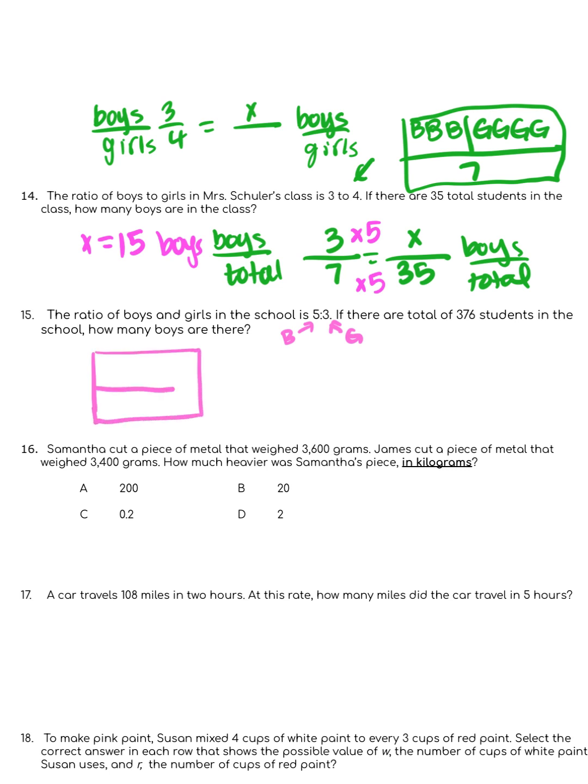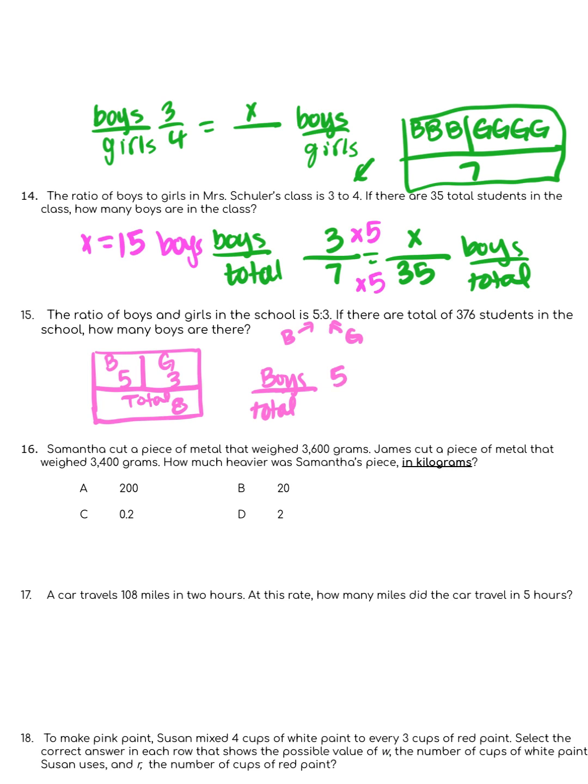So I've got boys and girls, and then that makes the total. So there's 5 boys and 3 girls. That's how many people total? 8. So to set up this proportion, I am going to say boys in total will be my labels.